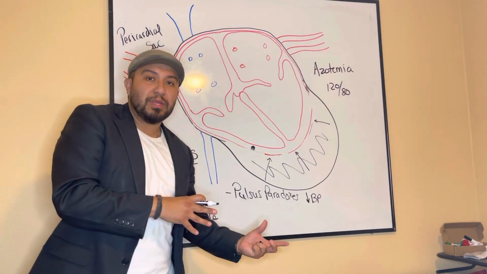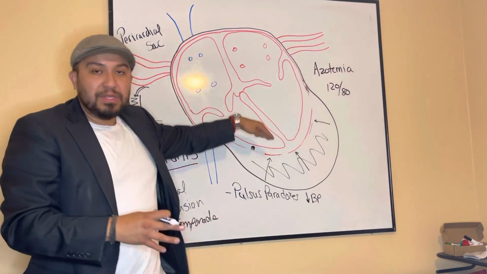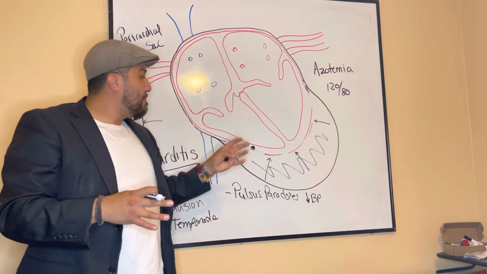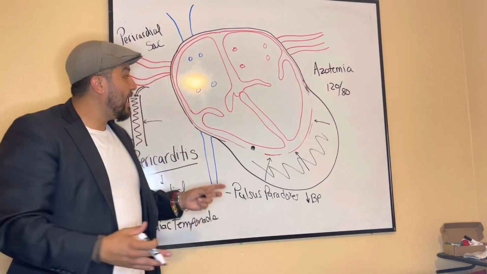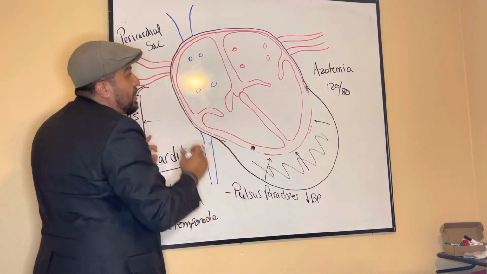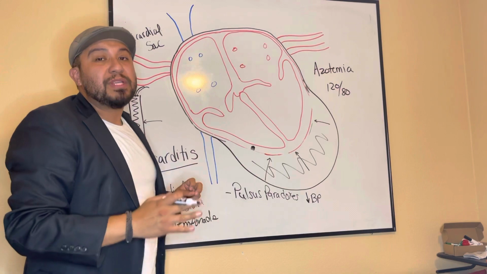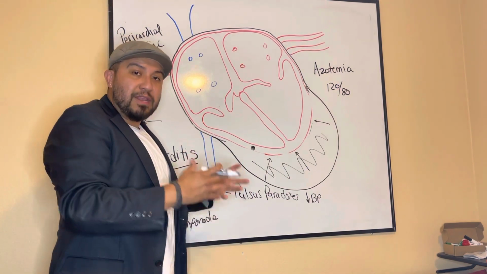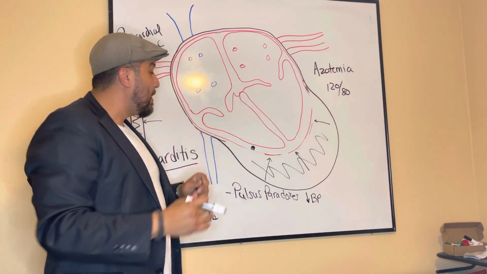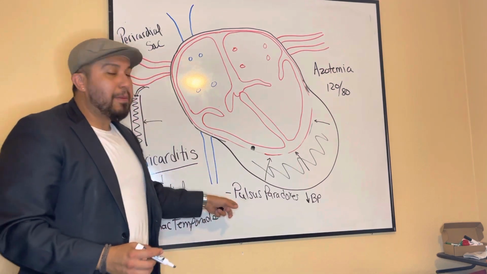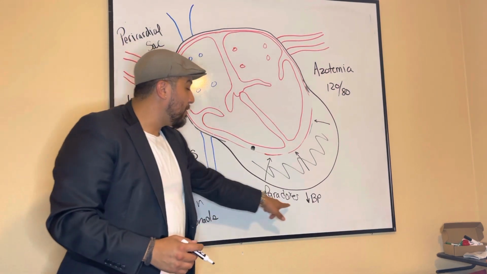Your preload, the amount of fluid that's entering the chambers, becomes affected. And so your heart's ability to push out the fluid is also restricted now because it cannot gather enough force so it can push the blood out. And so this phenomenon of low blood pressure is known as pulsus paradoxus.